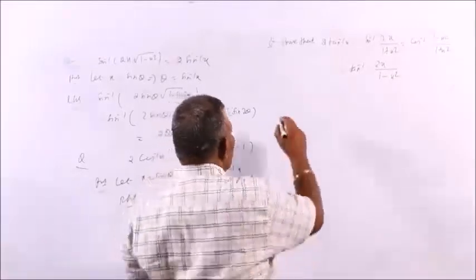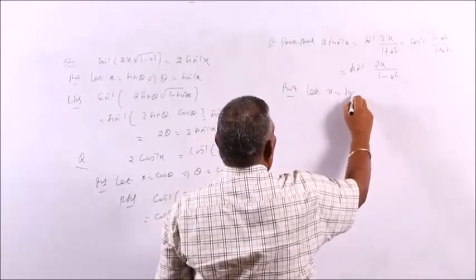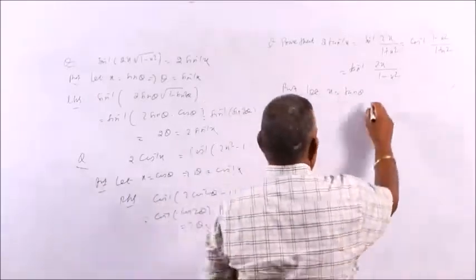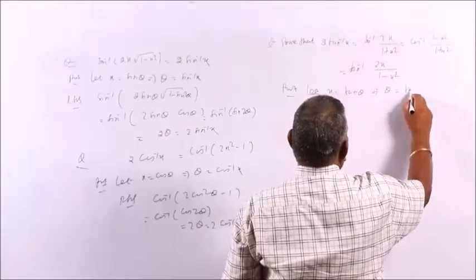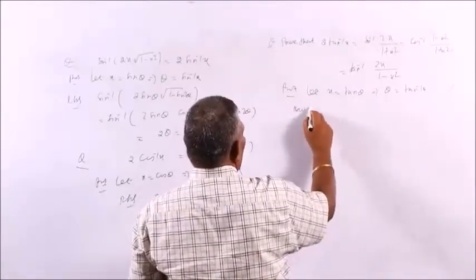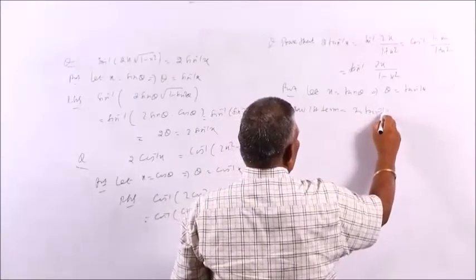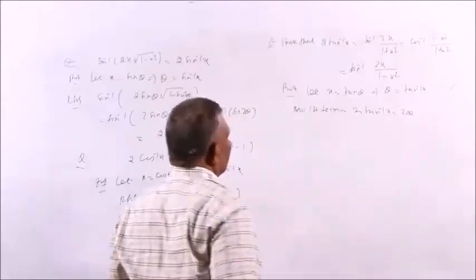For this, let us take x equal to tan theta. That implies theta equals tan inverse x. Now, first term, that is 2 tan inverse x, equals 2 theta.